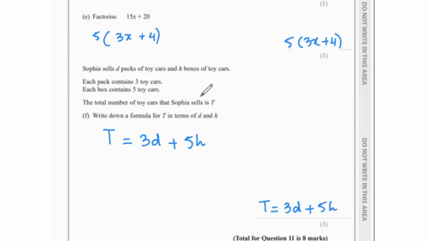As you can see, each pack contains 3 toy cars, so if there are D packs, that's 3 times D, and there are H boxes, and each box contains 5 cars, so 5 times H. And they want the total number of cars, which is T. So capital T equals 3D plus 5H.